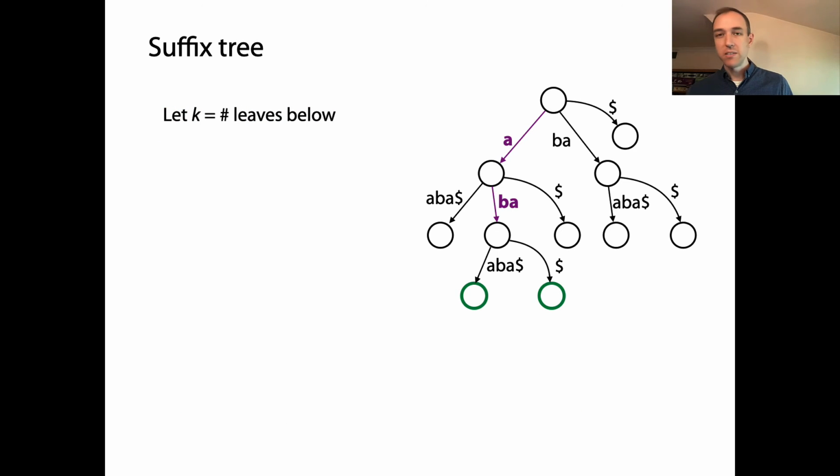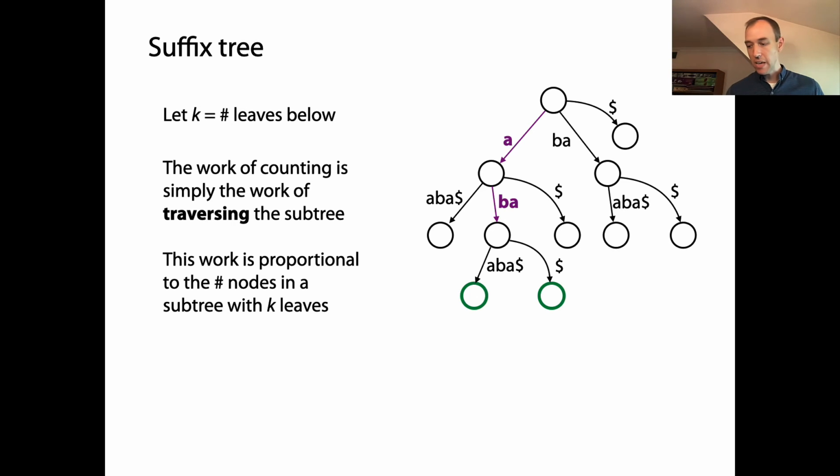First of all, let's define a variable, k, where k is the answer. K is the number of leaves in the subtree rooted at the end of our walk down. If that's k, then can we characterize the size of the subtree that we have to traverse in terms of k?